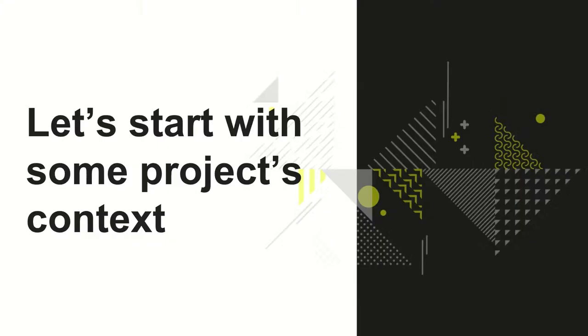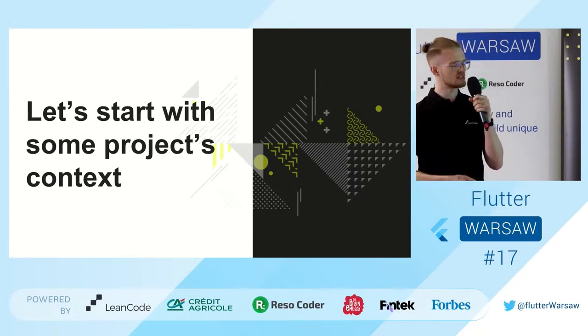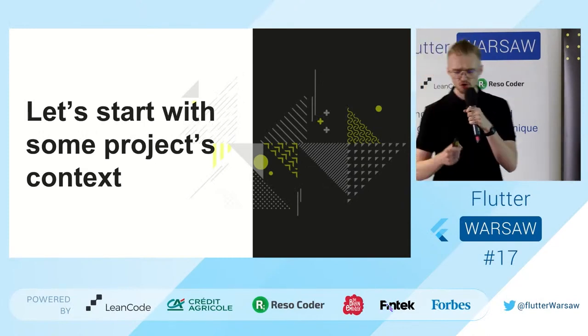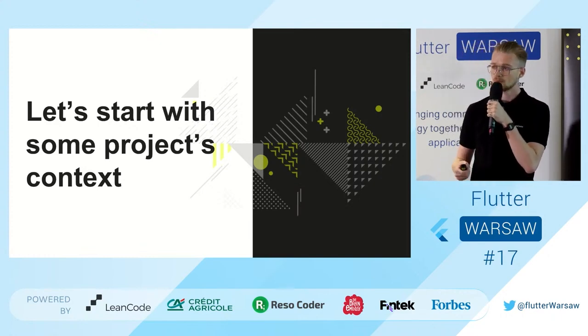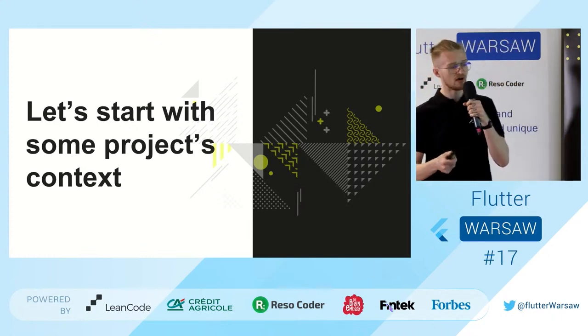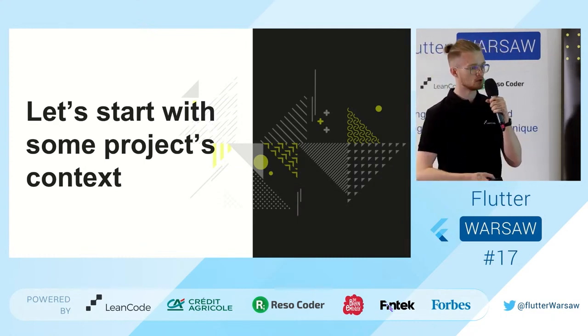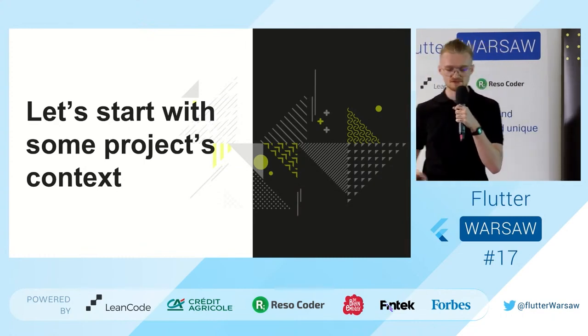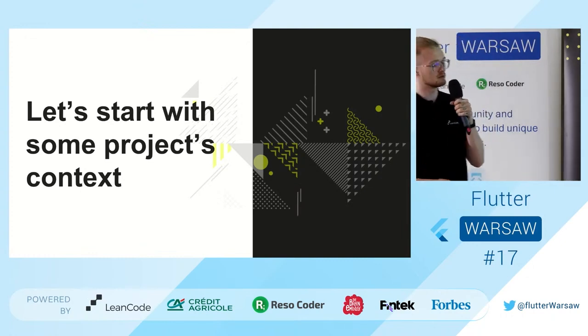And okay, let's start with some context of the project. You have already heard a lot about that, but it's really important to understand what the scale of this project was, because it's the scale that matters for what challenges you actually face during development and while providing so much UI stuff for all the other people.